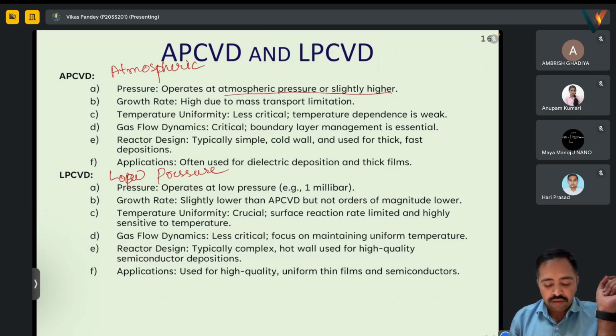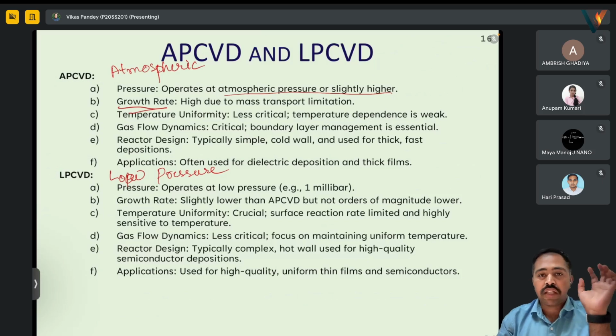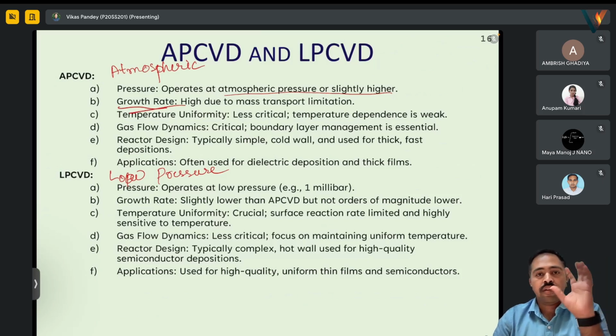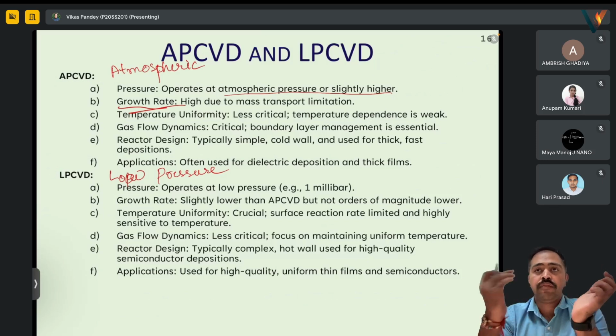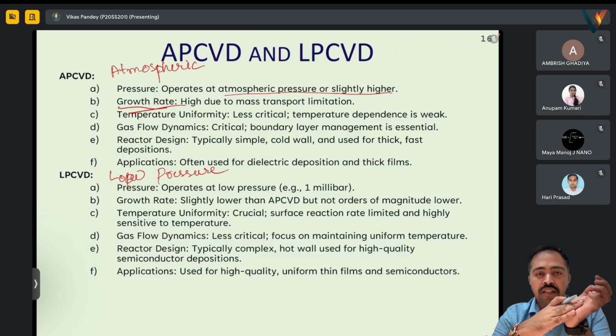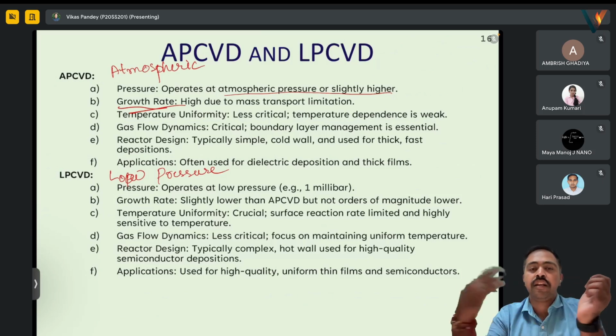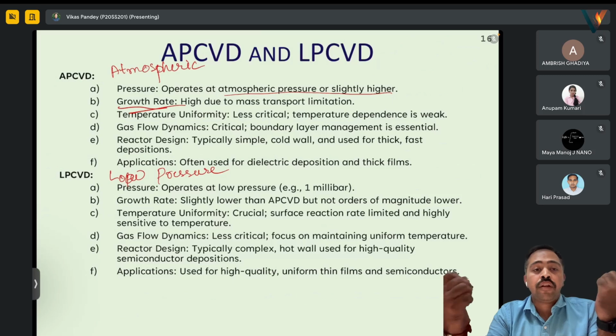It has higher growth rate due to mass transport limitation because reaction rate is not limited by the temperature. We are maintaining the temperature at the wafer itself as well as whatever precursor reaches there that will get reacted. It is not that it might not get reacted and it might flow. It is not that common.